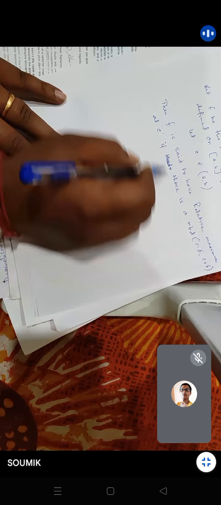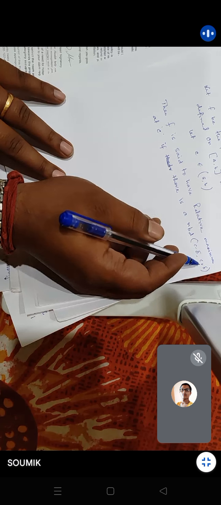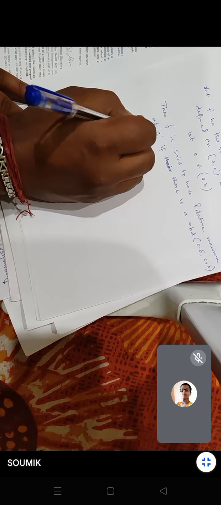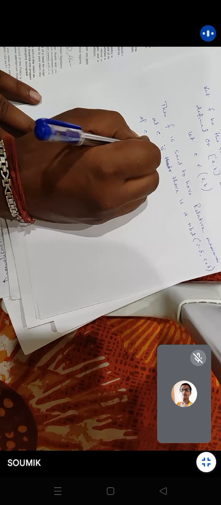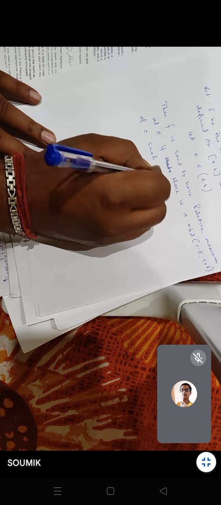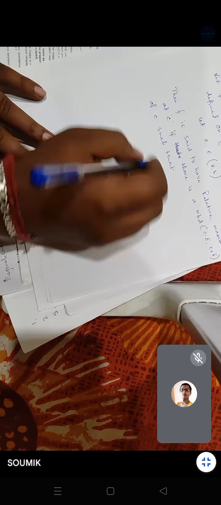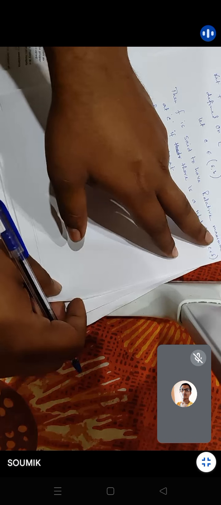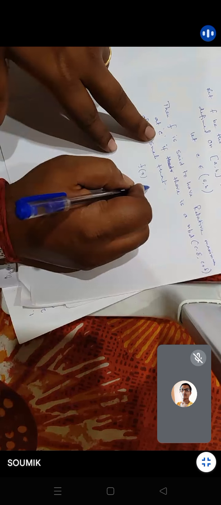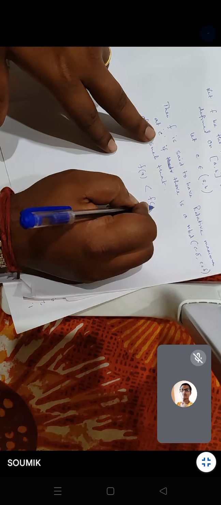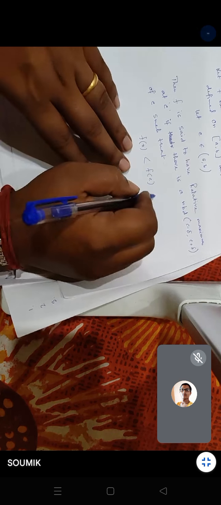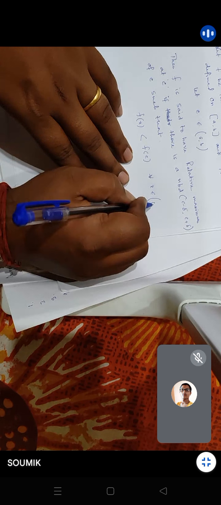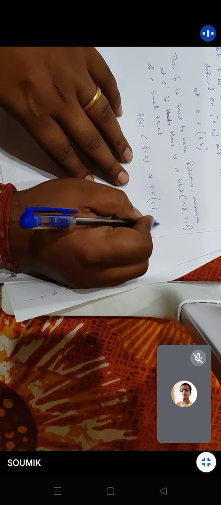So if there is a neighborhood (C minus delta, C plus delta) of C such that f(x) is, this is relative maximum at C, so f(c) is positive for all x belonging to (C minus delta, C plus delta).